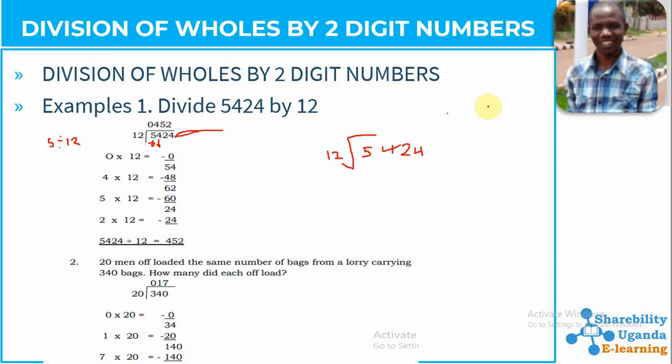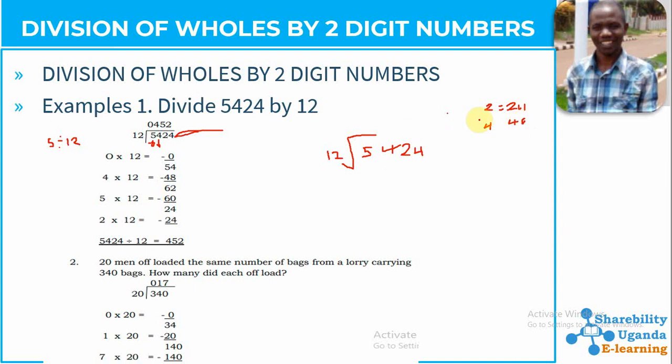So for you to get this number right, when you say 54 divided by 12, you can say 2 times 12 is 24. Then 4 times 12, we are getting 48.